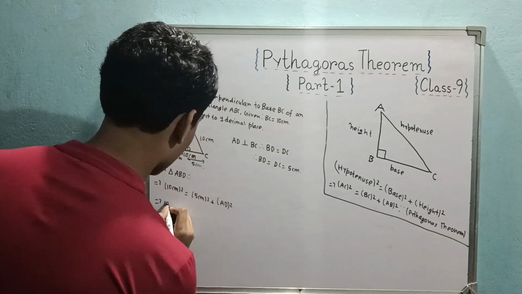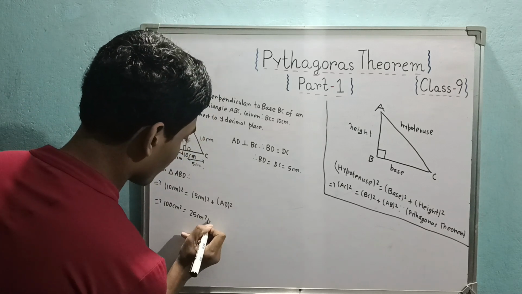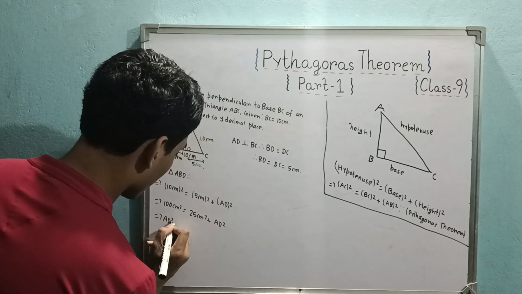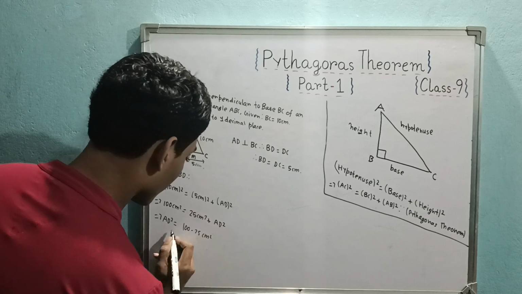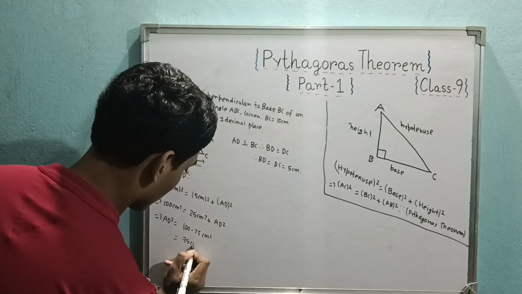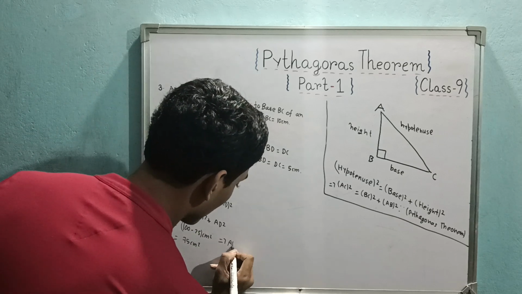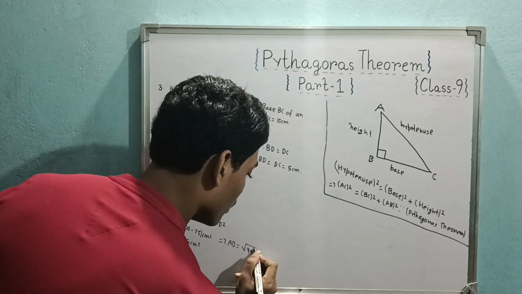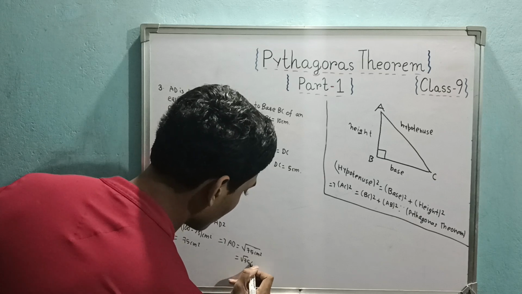Or 100 centimeter square equal to 25 centimeter square plus AD square, or AD square will become equal to 100 minus 25 centimeter square, equal to 75 centimeter square, or AD equal to root of 75 centimeter.